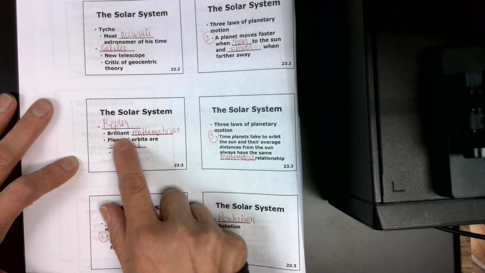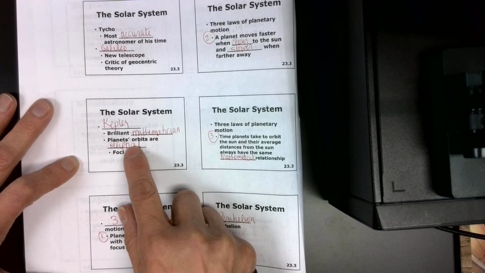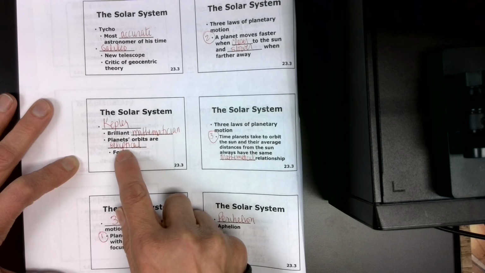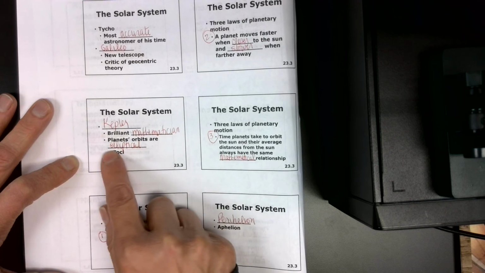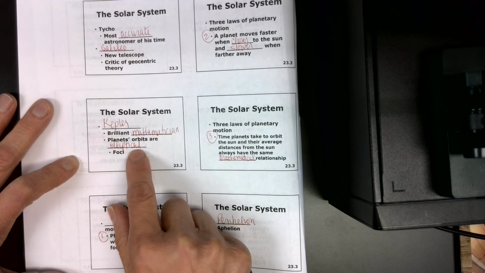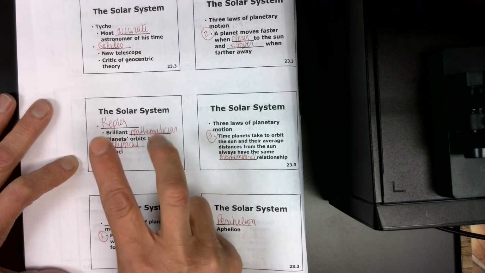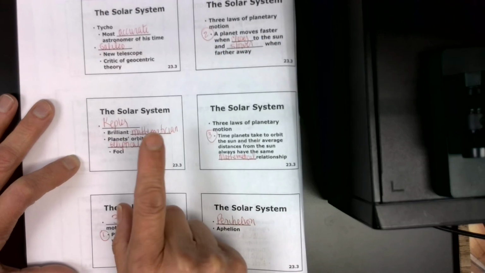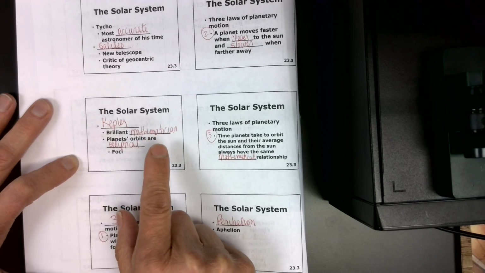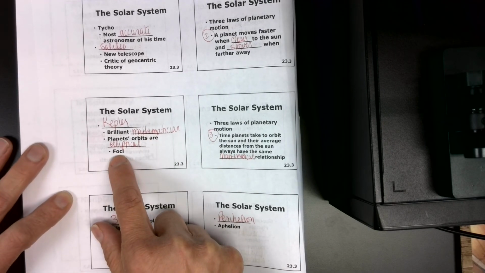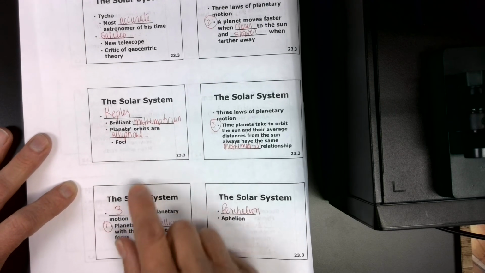Kepler, a brilliant mathematician, also observed planets' orbits and discovered that they were not circular, but instead elliptical, oval. An oval has two foci instead of one focus. Foci would be center points.